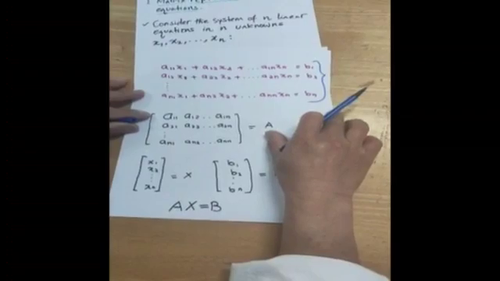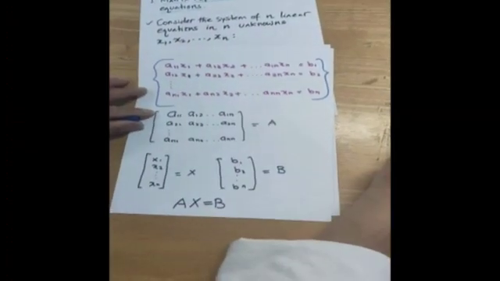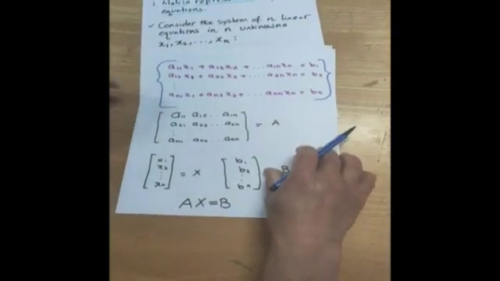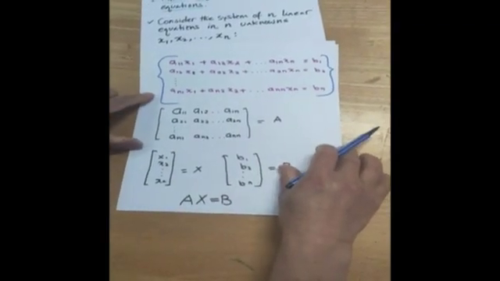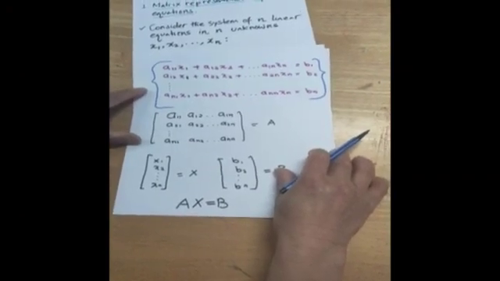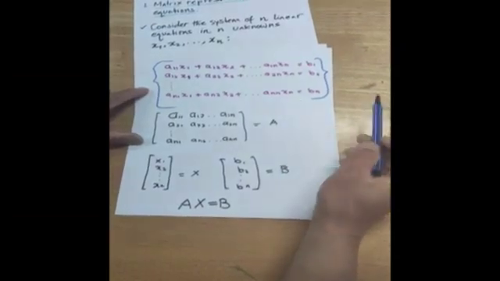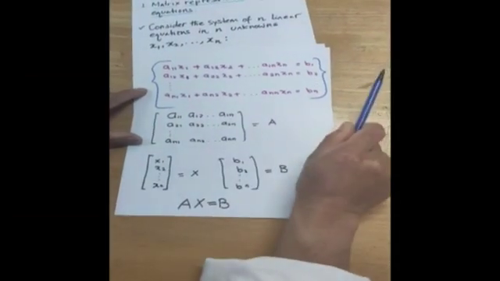So now, if you are given this general system of linear equations, how do you transform it into the form of a matrix? As I explained before, the matrix A is made up of the coefficients of the system of linear equations.